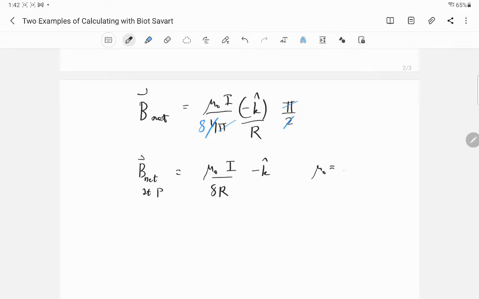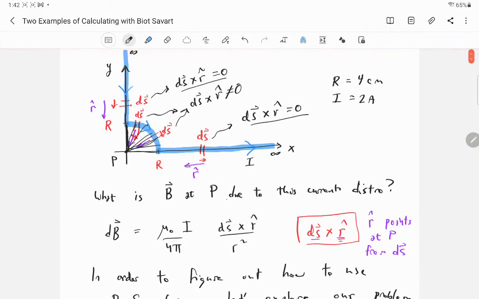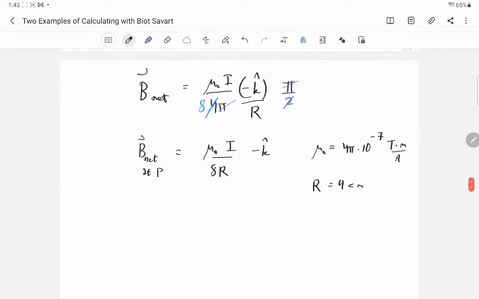All right. So this is my expression. I can actually evaluate all this. Mu naught was 4 pi times 10 to the minus 7 Tesla meters per amp. R was 4 centimeters. That was early on, I gave you some physical data to imagine. And the current is 2 amps. So let's stick all this stuff in.